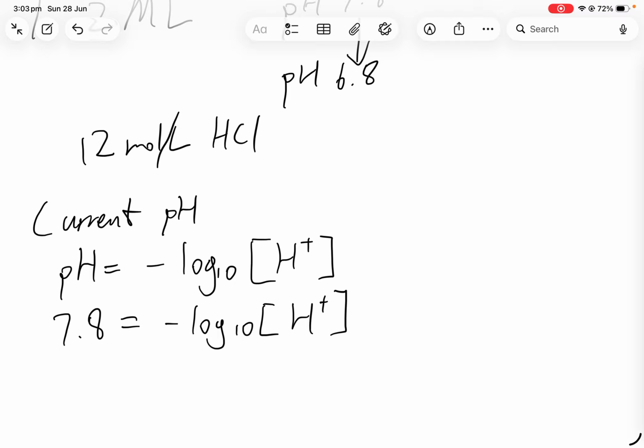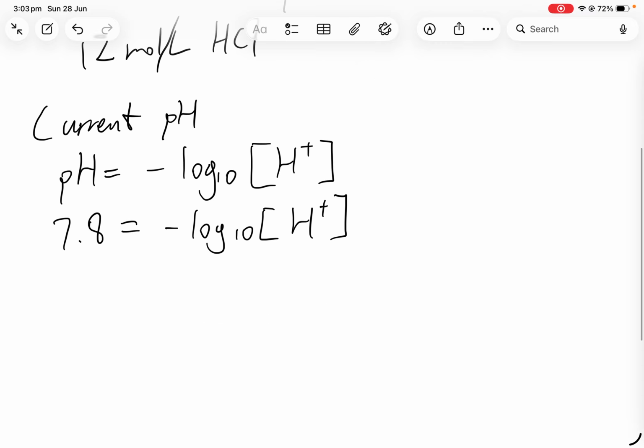So that's all the numbers we need, and now we have to use our calculator. What this equation means is that we'll just put a negative on this side.